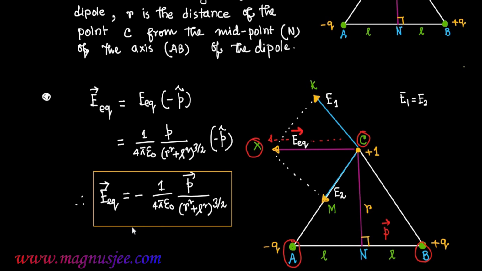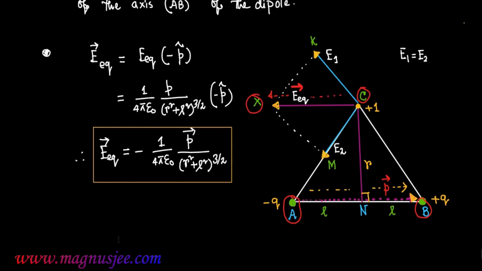Vector P means dipole moment acts from A to B, that is along the axial line AB, from minus q to plus q charge, towards the right, but field intensity vector E_eq acts towards the left.